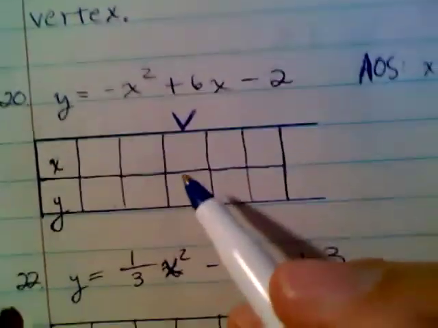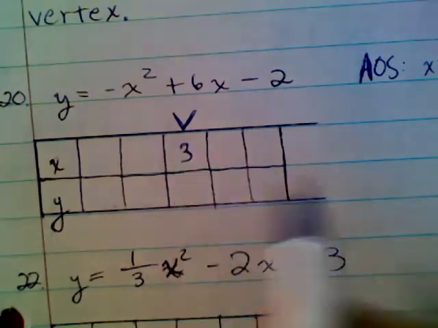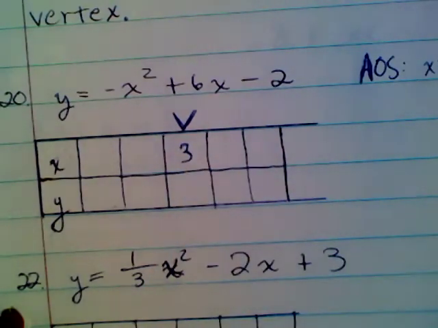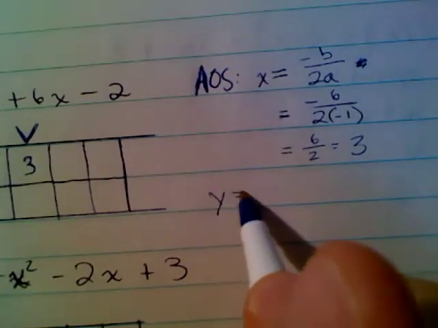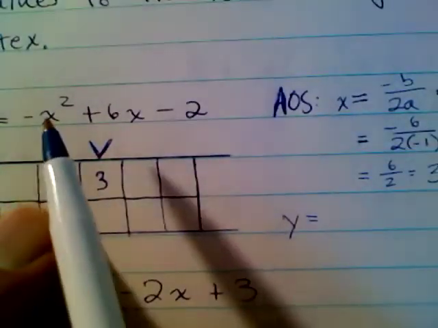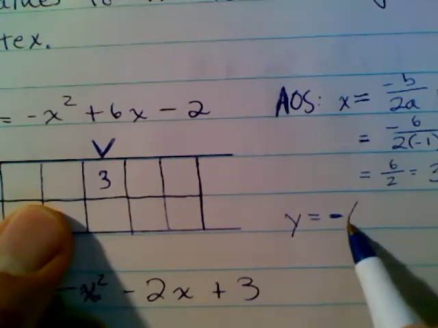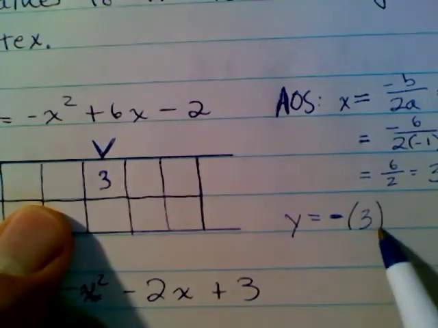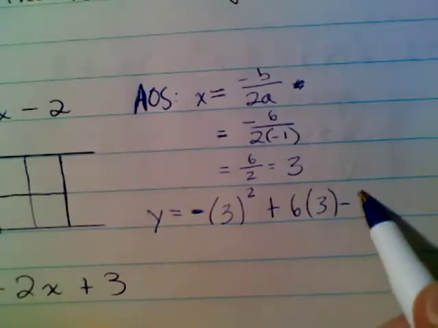Notice that your vertex has an x value of 3. How do you go about finding the y value? Let me show you. y equals, and you just come back to your main equation here, negative (3) squared plus 6 times 3 minus 2.